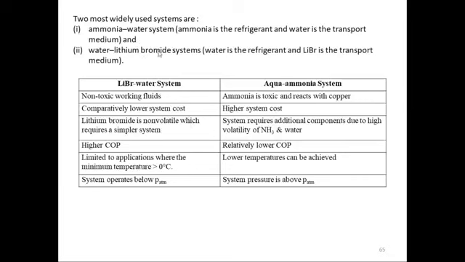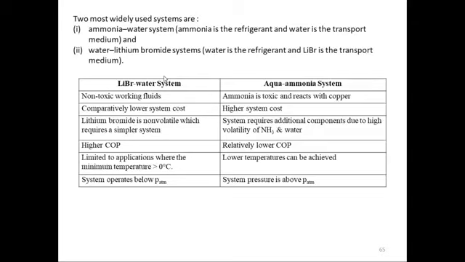So the two most widely used systems use a different working fluid, as opposed to the refrigerant that we use in the vapor compression refrigeration system. The refrigerant used here is not one, it is two.